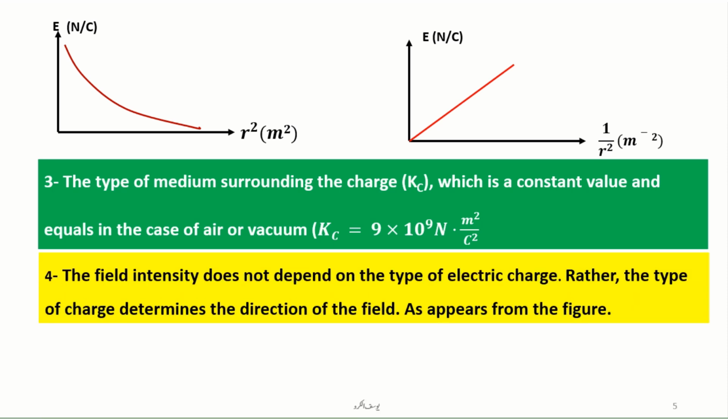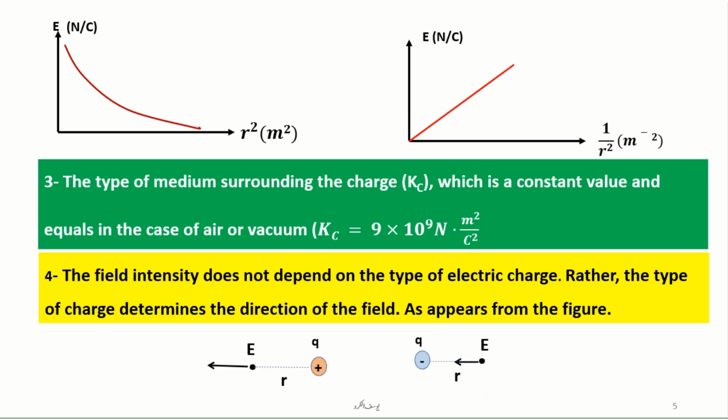Number 4, the field intensity doesn't depend on the type of electric charge. Rather, the type of charge determines the direction of the field only, as appears in the figure.